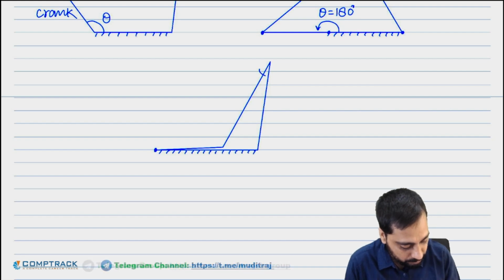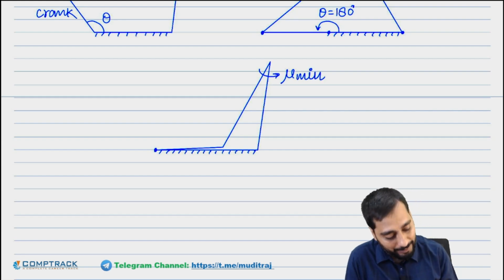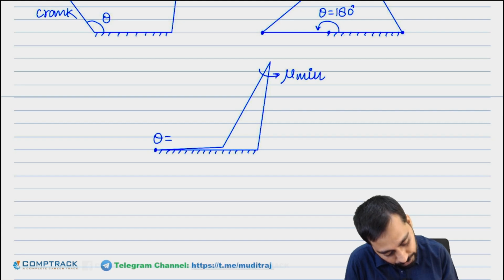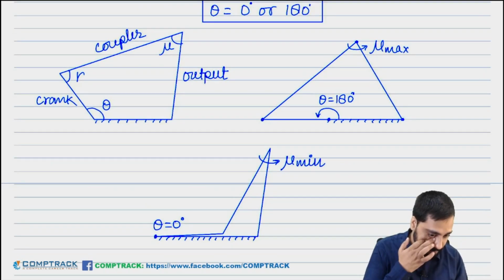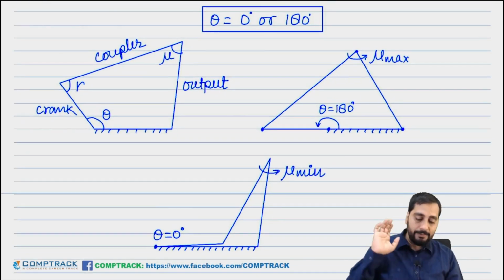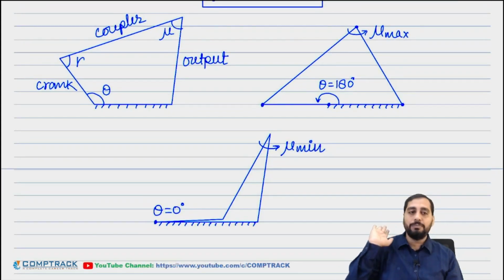So at theta 0 mu will be minimum, at theta 180 mu will be maximum.